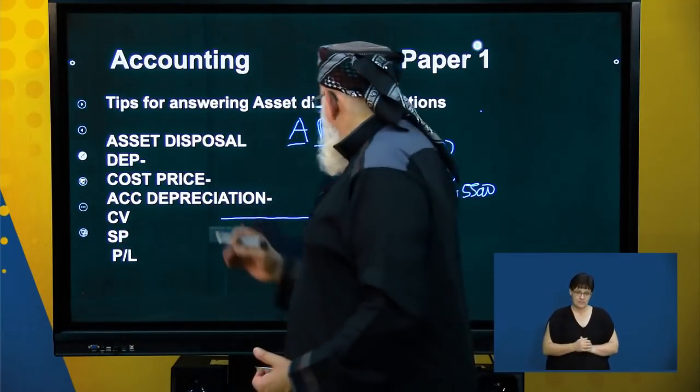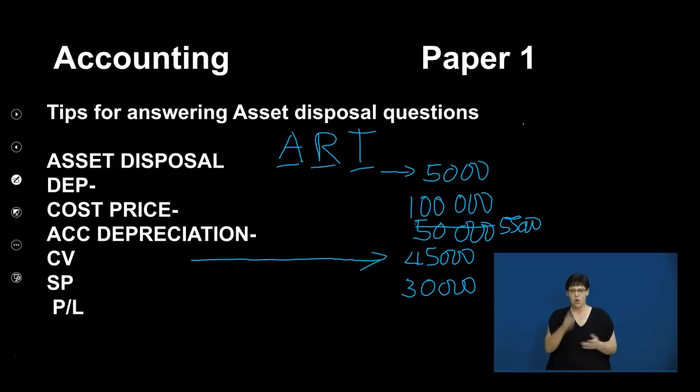Okay, now we come to this here, and I want you to actually see this. Did we sell or dispose of the asset for more or less than the carrying value? Look at it. If my carrying value was 45,000, as you can see here, and my selling price was 30,000, clearly I sold for less than the carrying value.